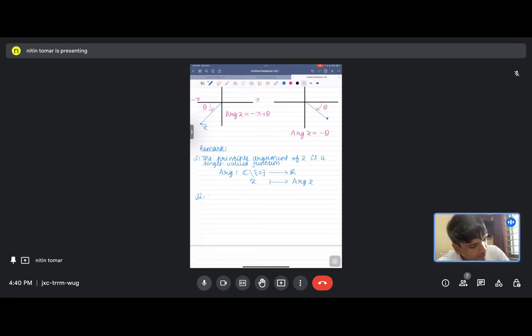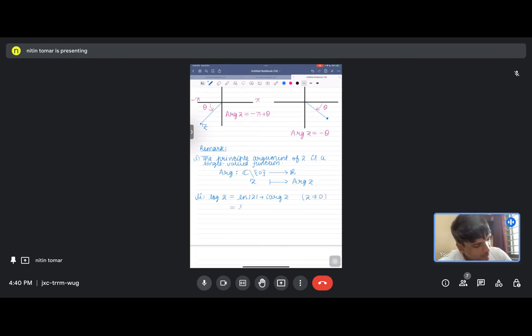So second, given any argument, I am writing something, you will tell me whether I can write it as this or not. So log z, we have seen how we define it. It is ln mod z plus i times the argument of z, this small argument of z, with z not equal to 0.